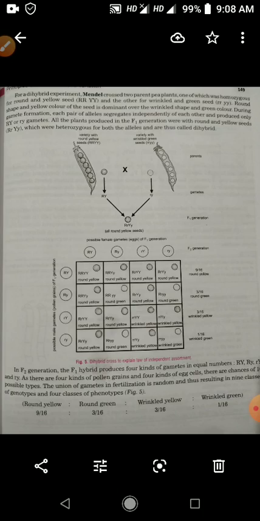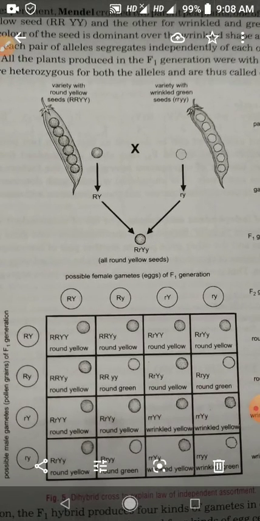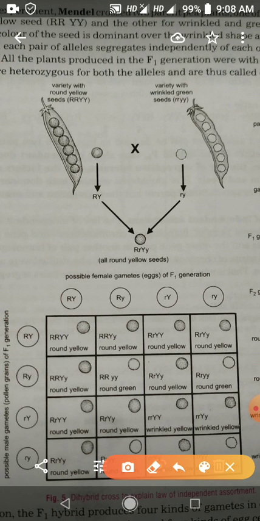So for this he took a variety of round yellow seed, and this is the round yellow seed, and there is wrinkled green seed.